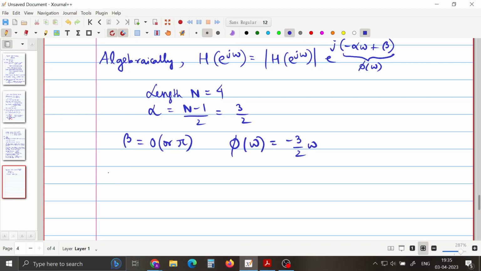So anyways, now coming to the tedious approach. So we had, remember, small h1 of n, the impulse response, as a1, a2, a2, a1, right? This was given. So once you take the DTFT, what do you get?